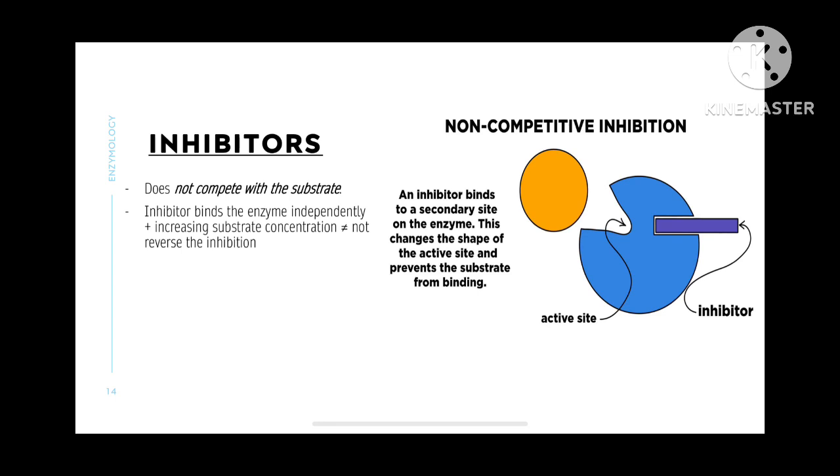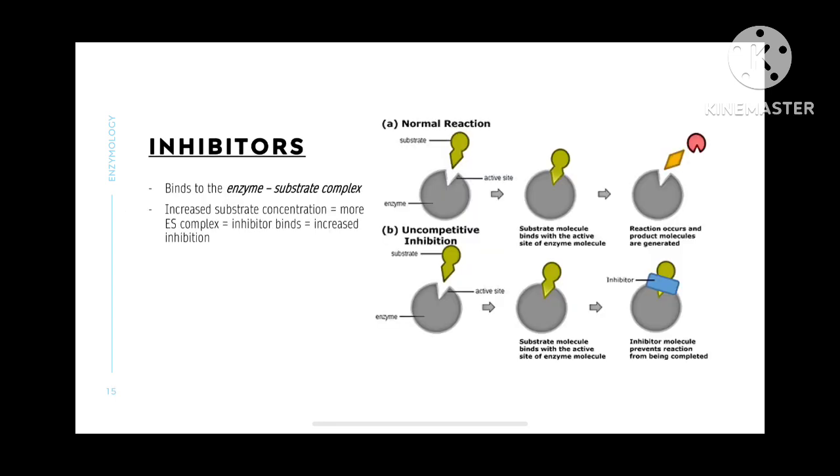So as you can see in the illustration above, class, when the inhibitor binds to the enzyme, there are some changes that are happening in the active site. Therefore, the enzyme and the substrate complex can still be formed, and at the same time, products will not be generated. And the last type of inhibition would be uncompetitive.